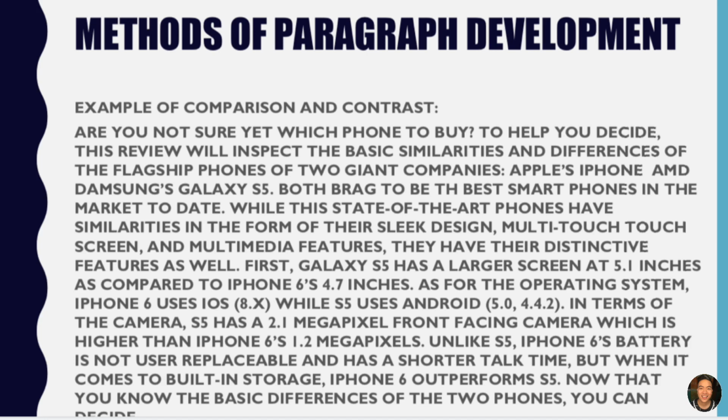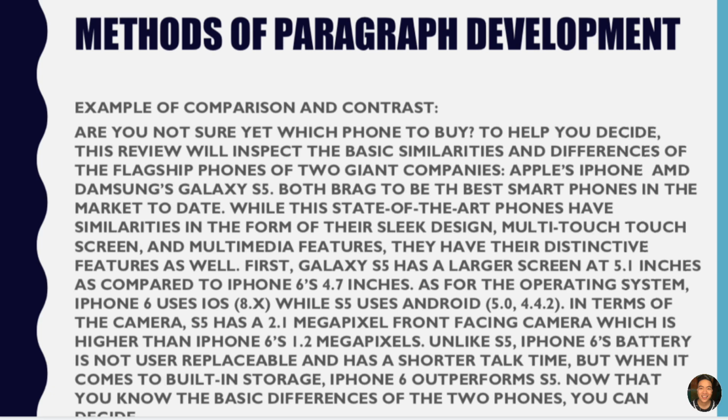First, the Galaxy S5 has a larger screen at 5.1 inches as compared to iPhone 6's 4.7 inches. As for the operating system, iPhone 6 uses iOS 8 point something, while S5 uses Android 4.4.2.